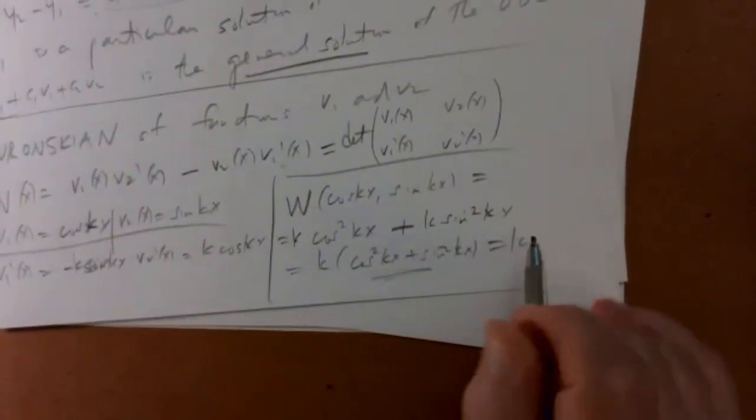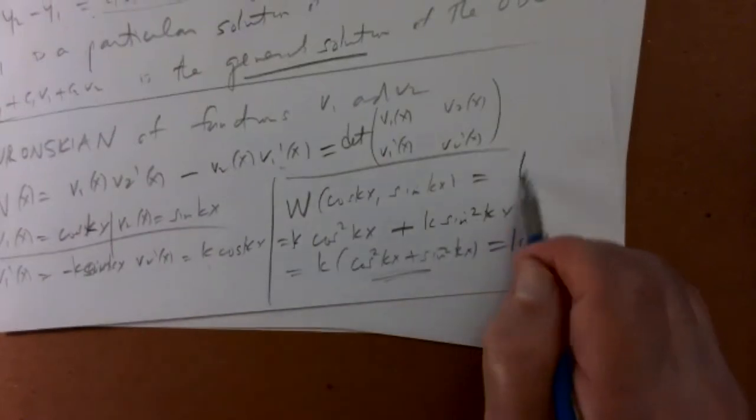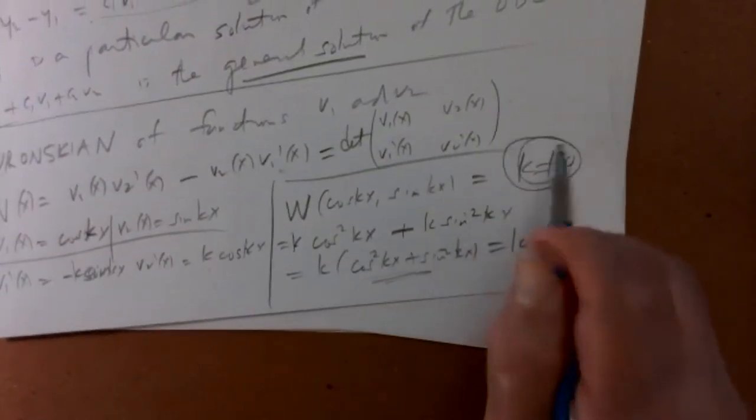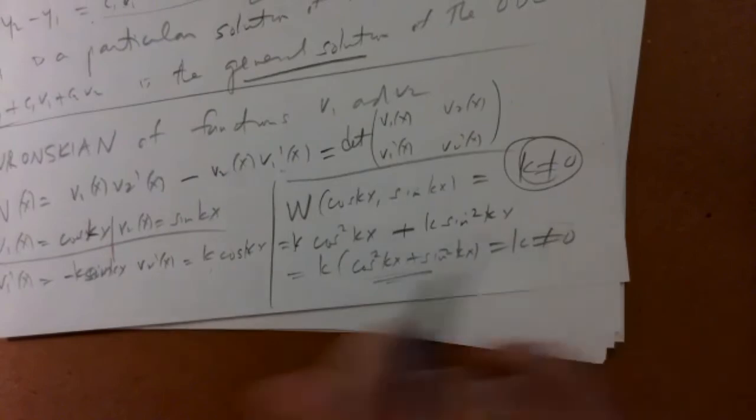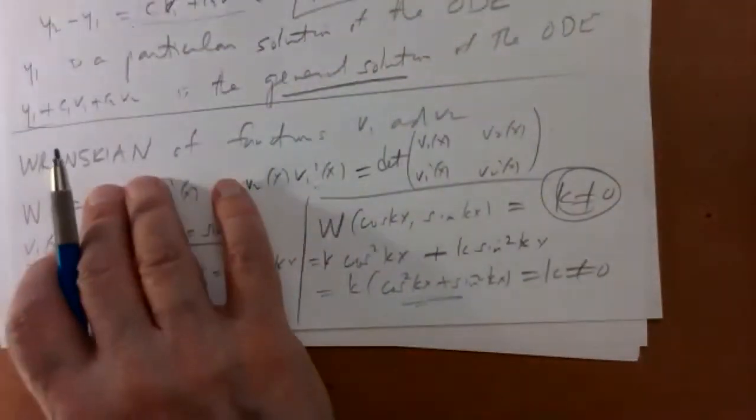This is 1. So we get k. So if k is different from 0, the Wronskian is different from 0.